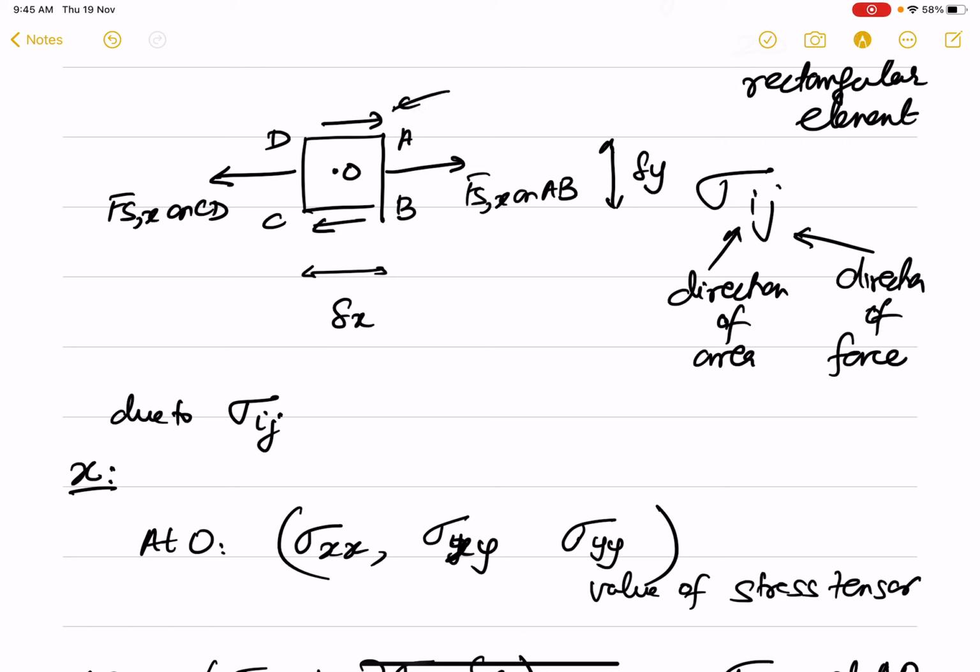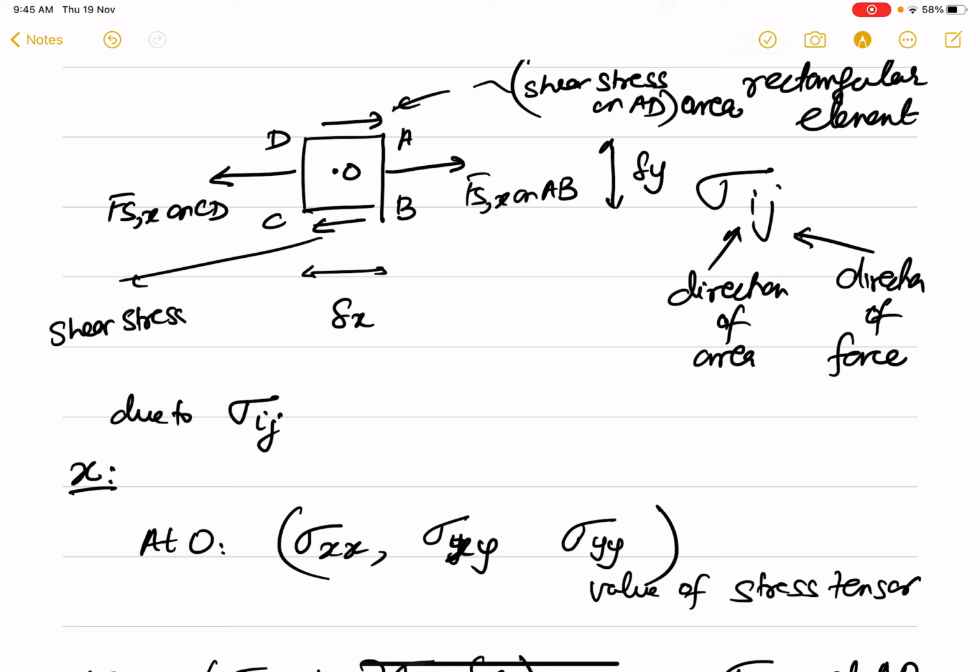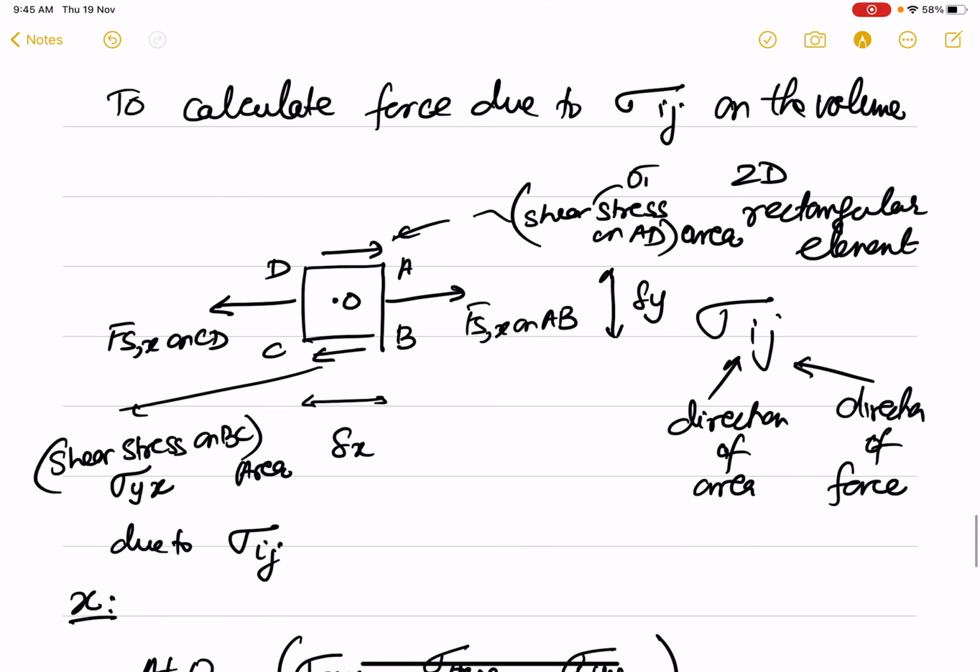So this will be the shear stress on AD, and we multiply it by the area to get the force. And this is the shear stress on BC multiplied by the area. And this shear stress will be sigma yx, and this also will be sigma yx.